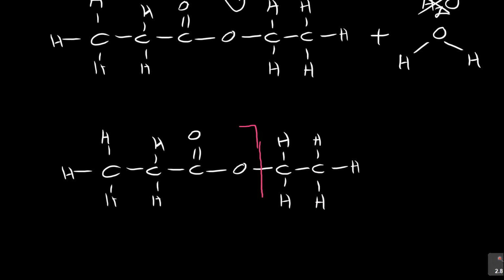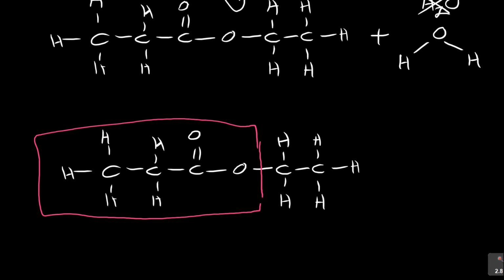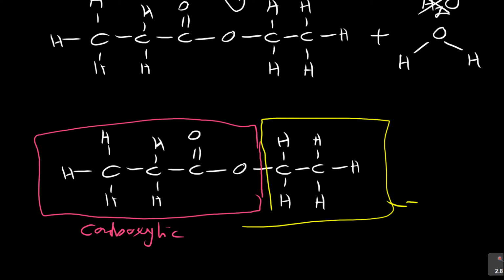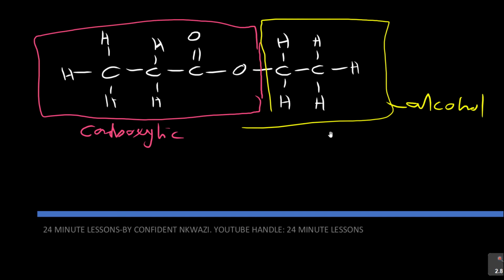And then this side belongs to the what? Carboxylic, and this side belongs to the what? To the alcohol. See that you can go backwards, and then when they ask you about the carboxylic acid, it's simpler. Now you just write that. It's simpler. It's a matter of going backwards.